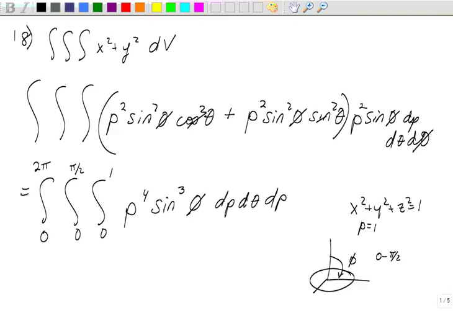Okay, let's look at 34. Okay, change to cylindrical.